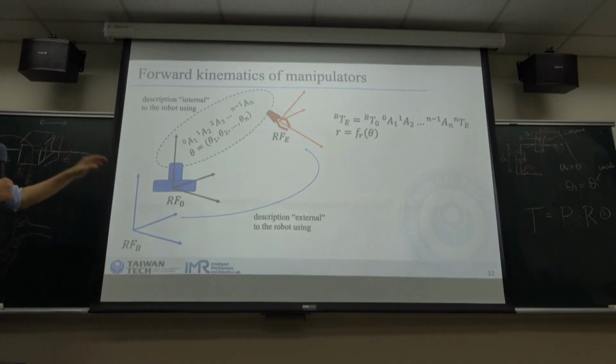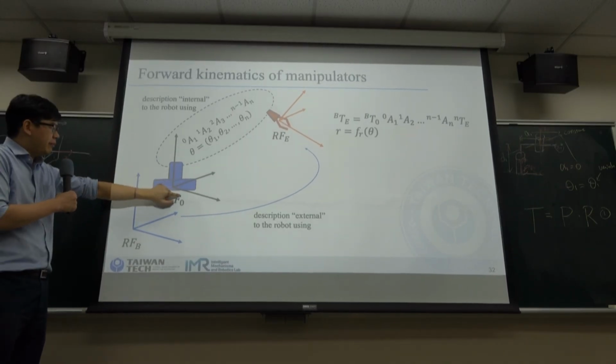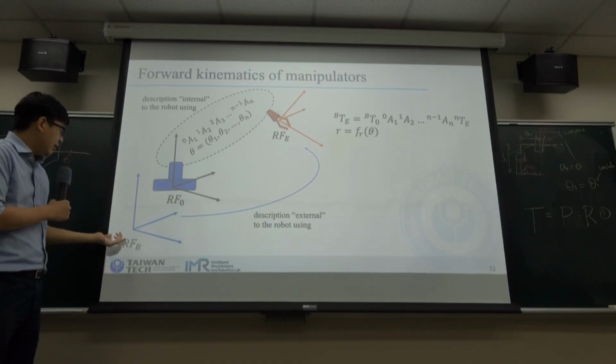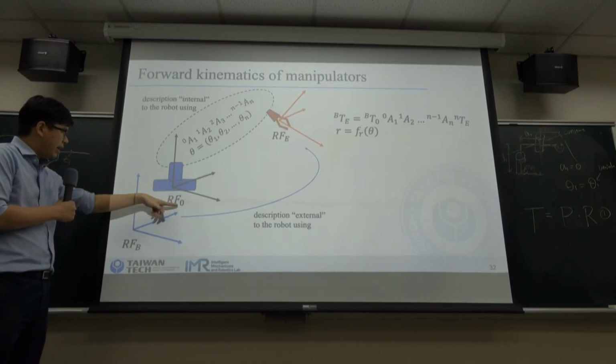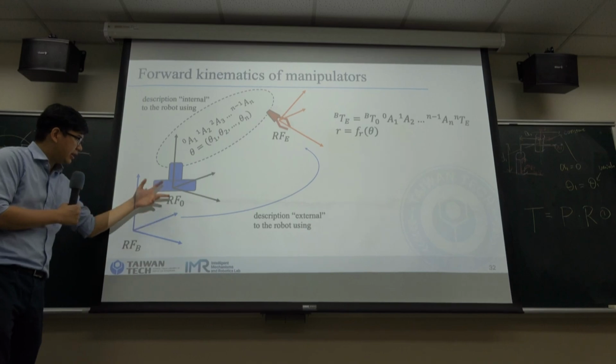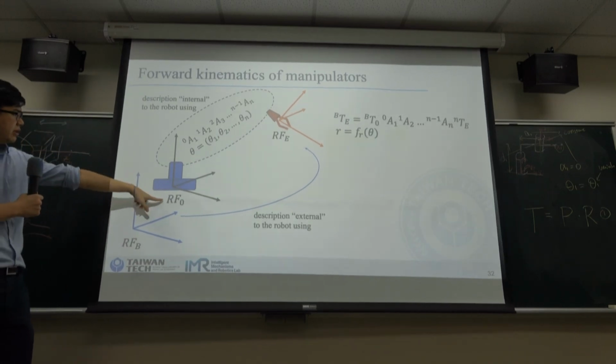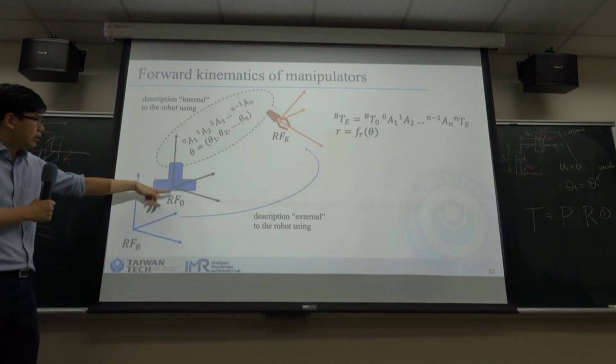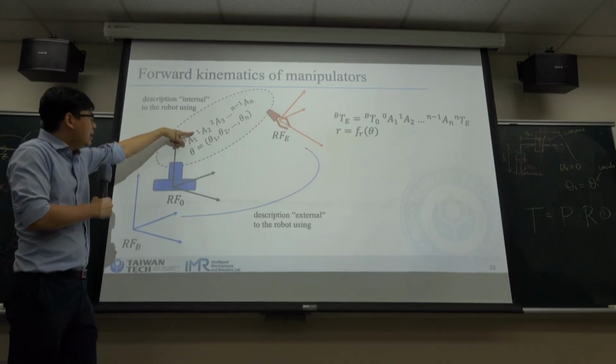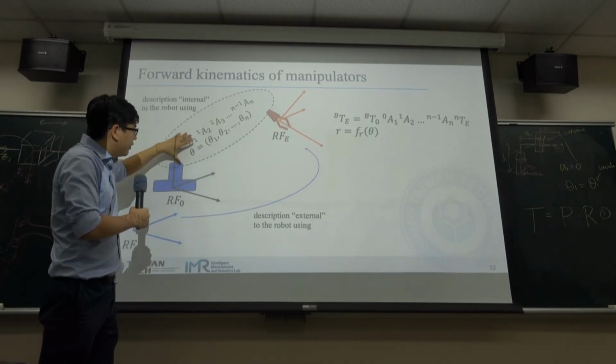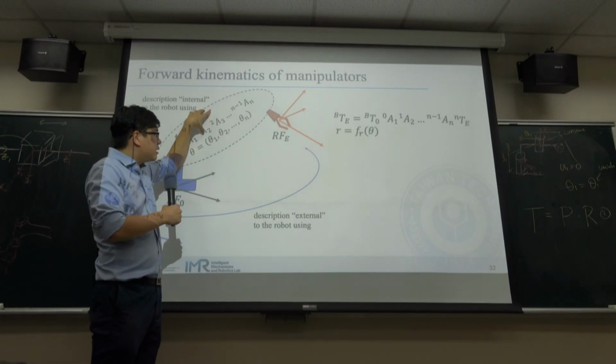And usually this is from the base, so usually the base is 0, but here we put it differently. The A means that we have n links between them.